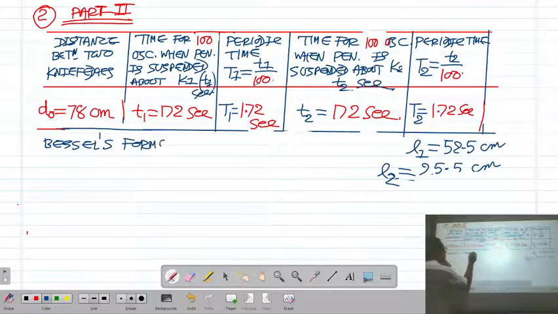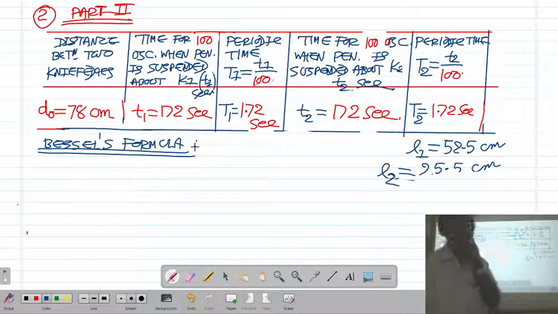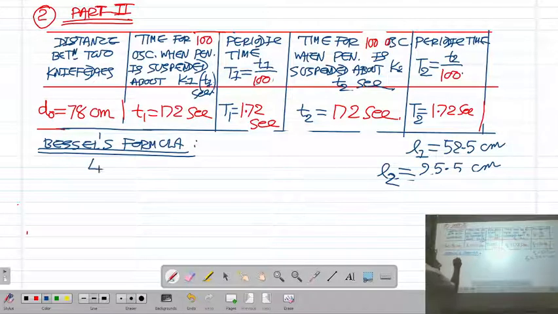This calculation I am giving you as an assignment. What is Bessel's formula?